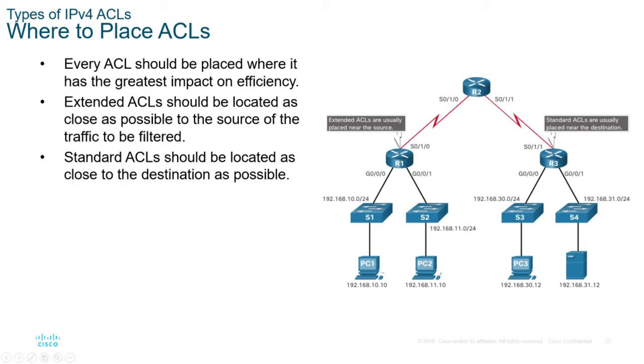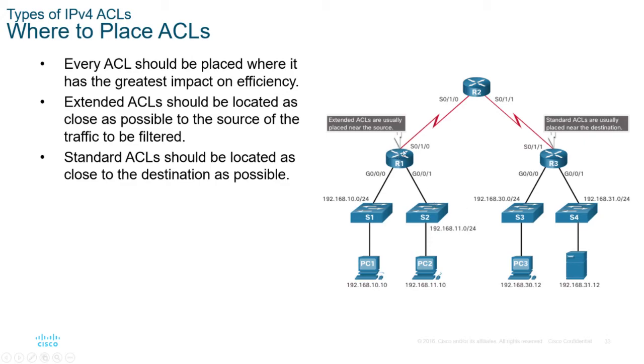So I would say deny 192.168.10.10. Well, if I did that, and placed it on the G0/0 interface of router 1, I just blocked PC1 from being able to get to any other device on this network.